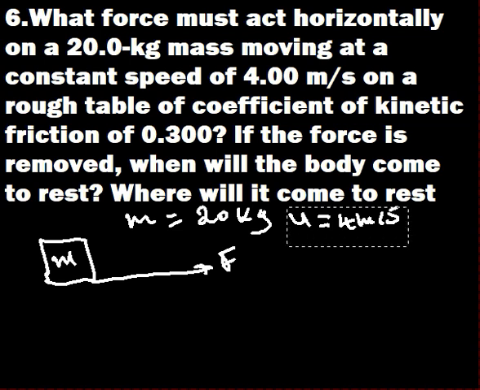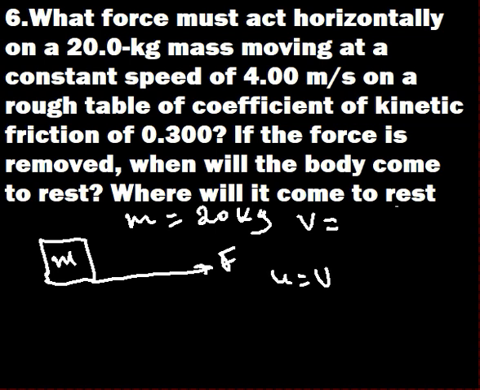But, being a constant, let me have it as v, that is the constant speed. Of course, at a constant speed, it means the initial velocity is the same as the final velocity, so whichever the notation, it will be okay. And on your rough table, the coefficient of kinetic friction mu k is given as 0.30.